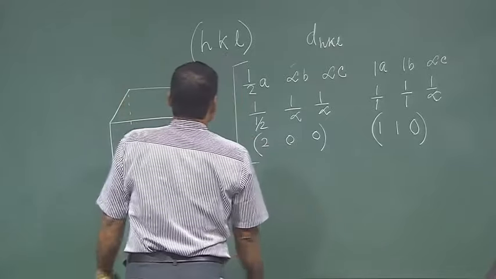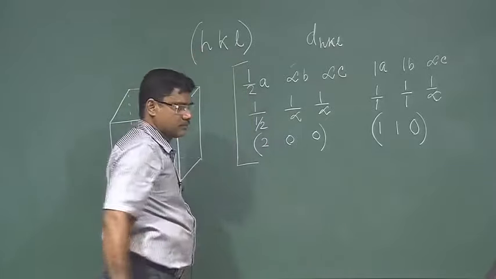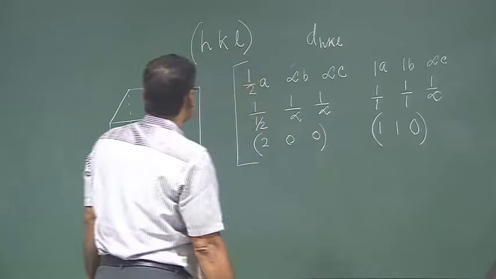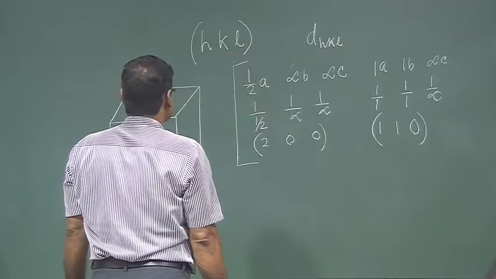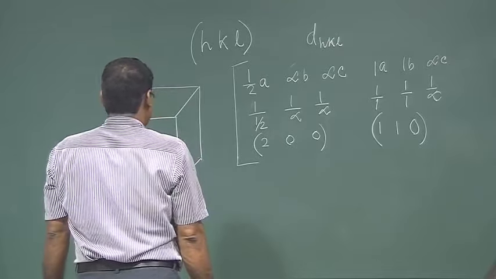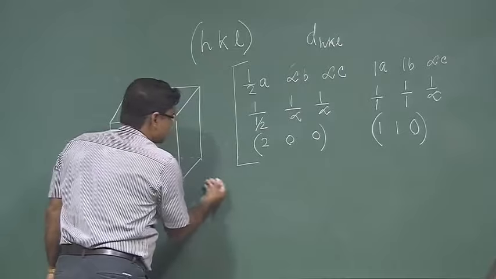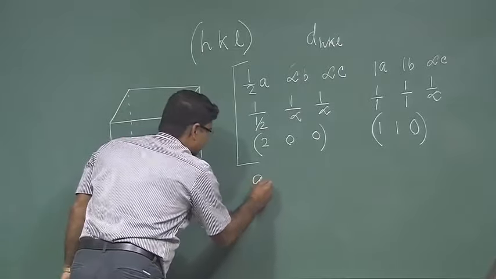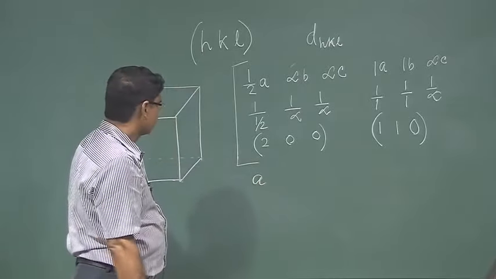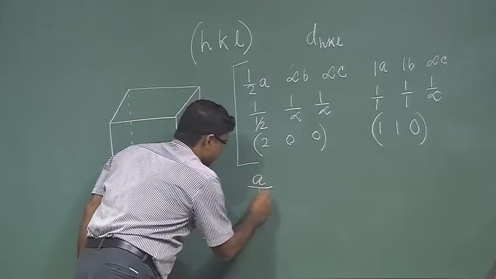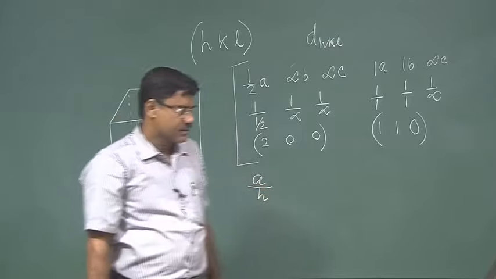Right. So if it is the HKL plane, where does it intercept on the axis? We can write that it intercepts the a axis at distance a by h, right.